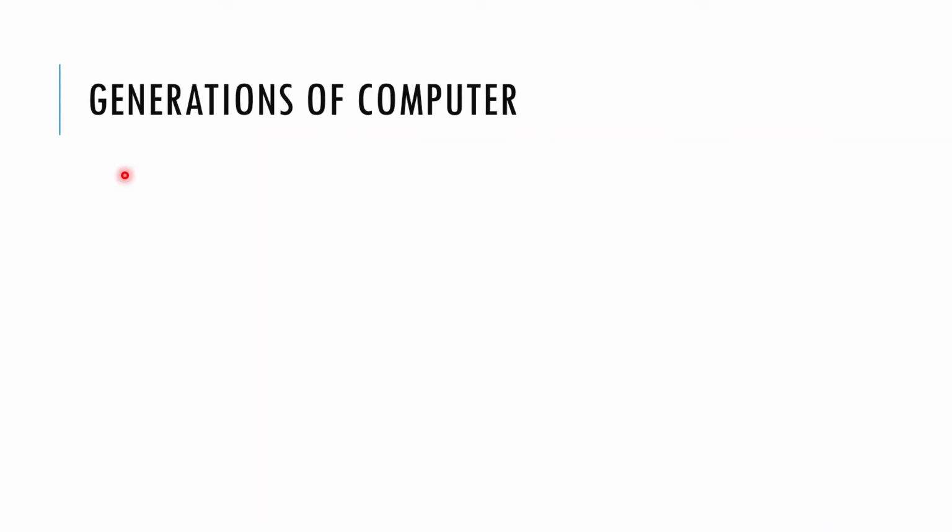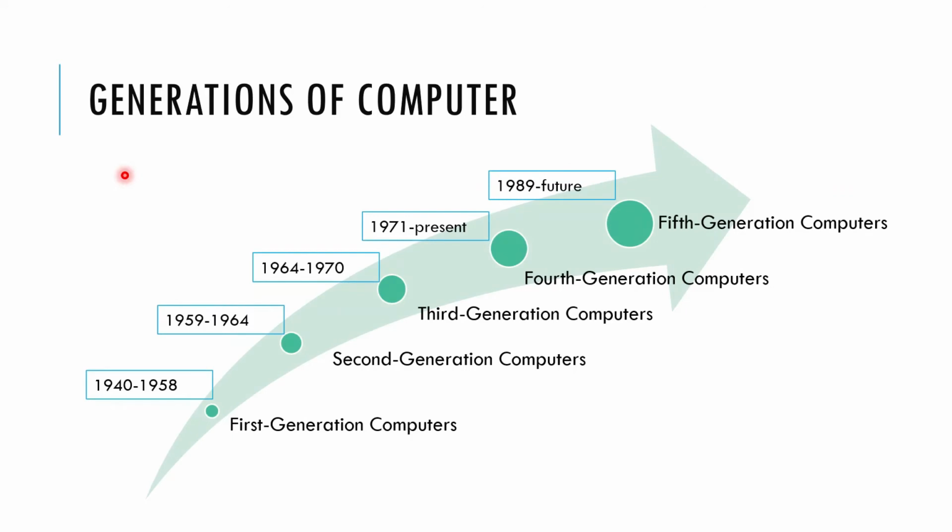Students, let's discuss the generations of computer. Students, computers were not invented in a single day. They have evolved through several years and many generations after a long journey of inventions and discovery.